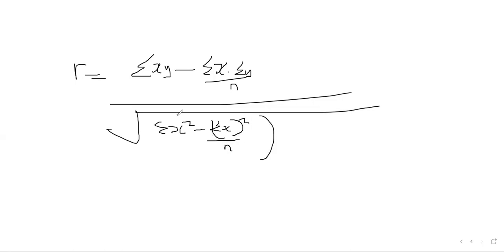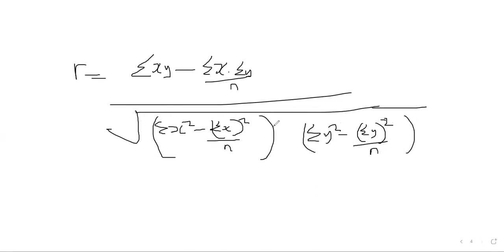So this is it, one parameter here. The summation of y square minus summation of y, square, over n. So this is it on this one.